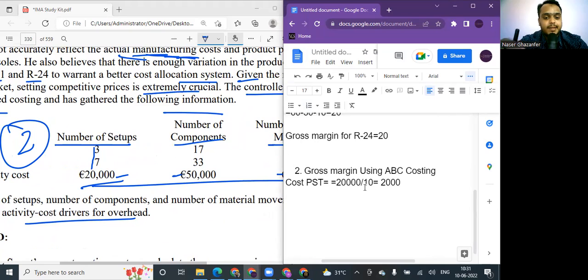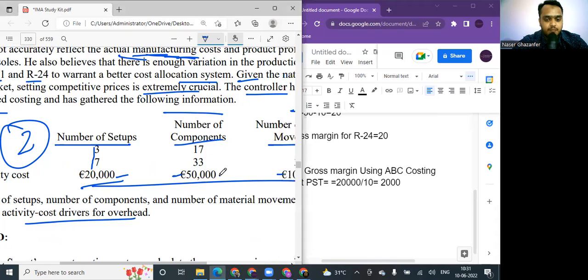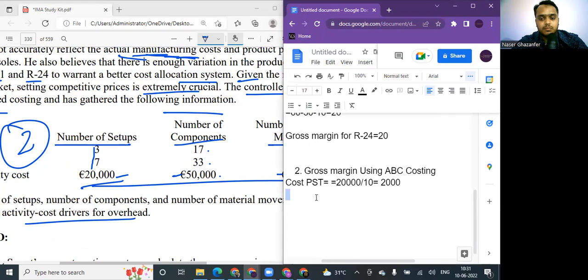Then I have cost per number of components. The cost is 50,000. Here it took 17. Here it took 33. So in total, it is again 50. Now, cost per number of components.